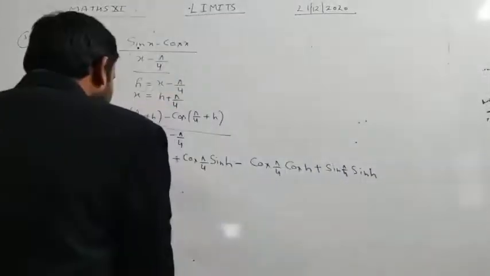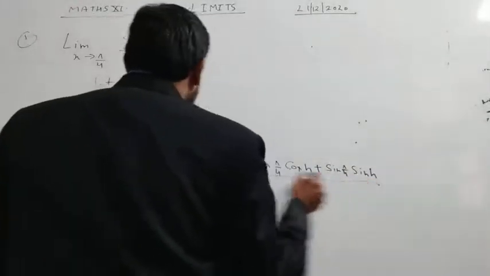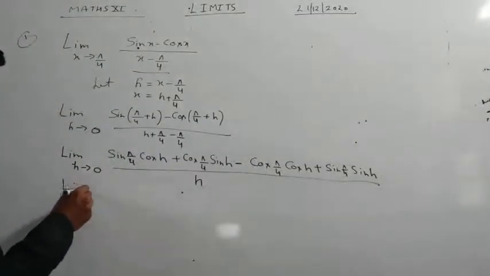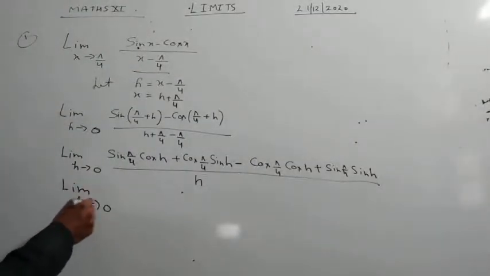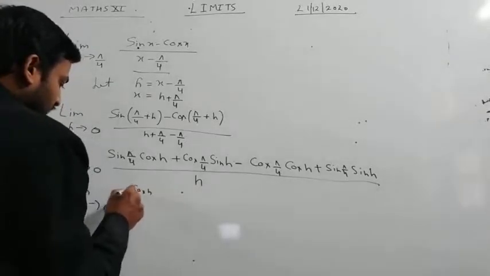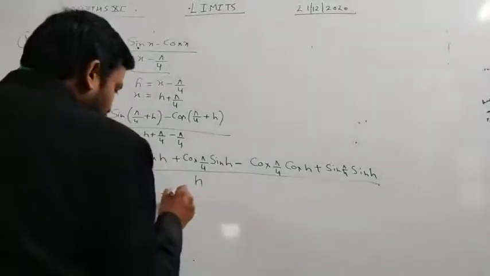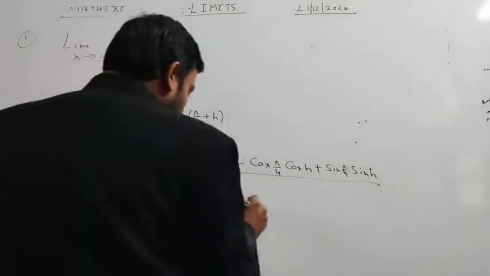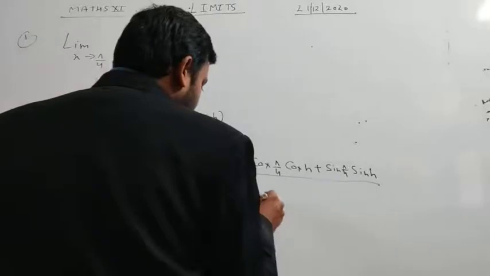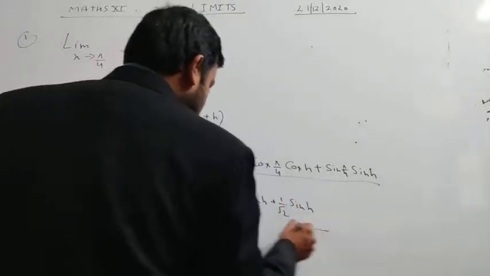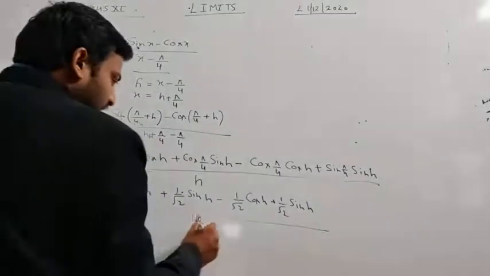And in the denominator we get just h. So limit h tends to 0. This is (1 by root 2 cos h, 1 by root 2 sin h, minus 1 by root 2 cos h, plus 1 by root 2 sin h) divided by h.